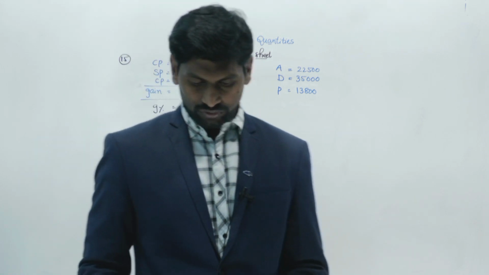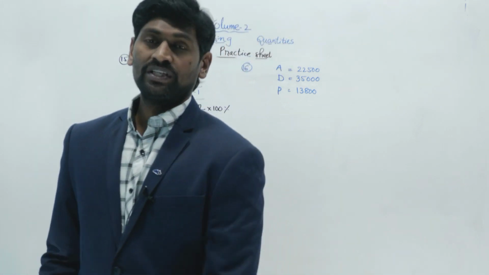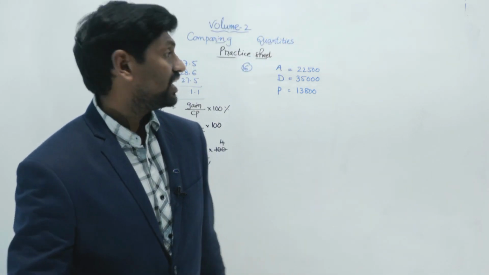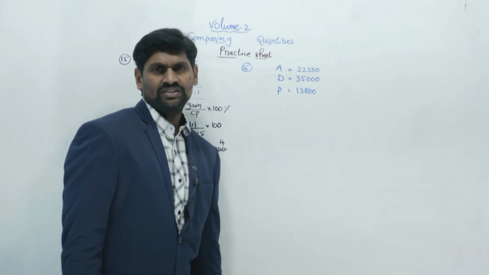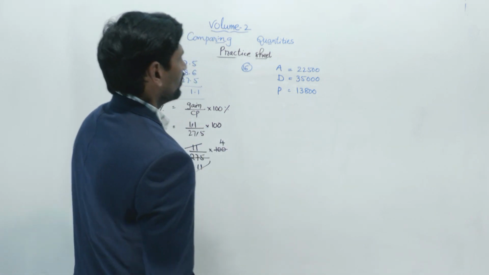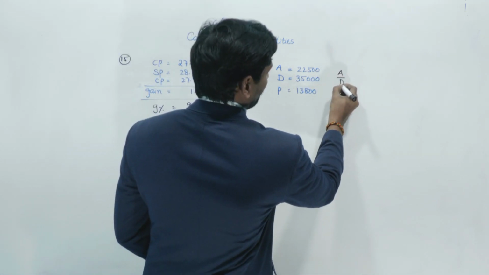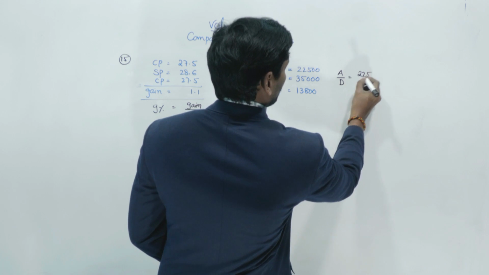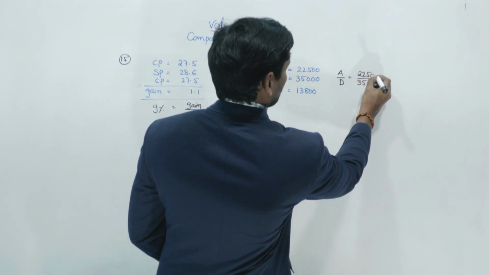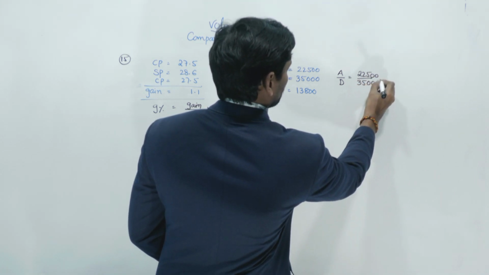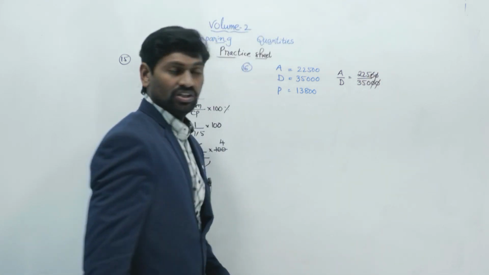From this we need to find the Deepak share. Deepak invested 35,000, so obviously his share will be more. Now let us consider the ratio of A and D. A by D, let us find out. 225 by 350, meaning 2 zeros each, so numerator 2 zeros and denominator 2 zeros cancel.